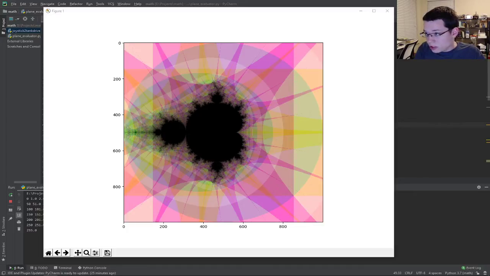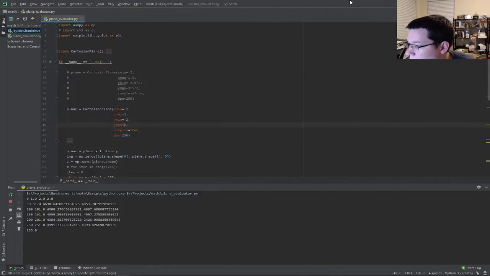Show, set coordinate range. Extent. 0 to 32.